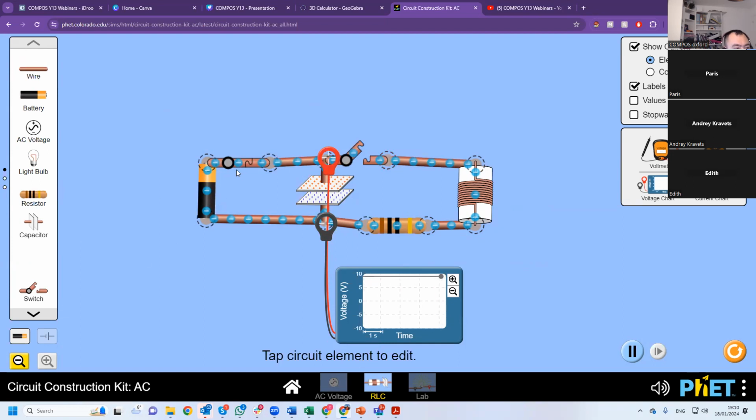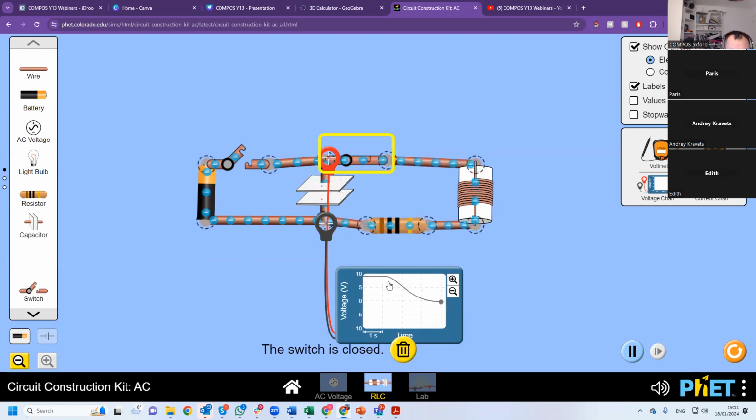Bam. So you disconnect the battery. Now the capacitor is charged. So you can see 10 volts here, 9 volts. And now we can close the switch. And you can see it discharges. But because the resistance is quite large, you don't see any repeated motion.